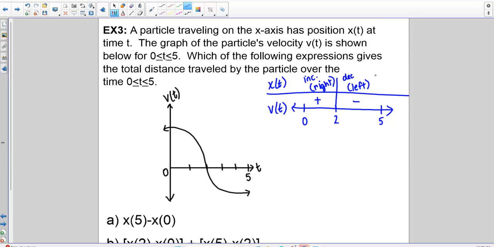So, this particle changes directions, right? So since the particle changes directions, and they're asking me for total distance, I can't just do displacement, right? If this velocity was just above the x-axis the whole time, or below the x-axis the whole time, I could just do displacement, and that would give me the correct answer.